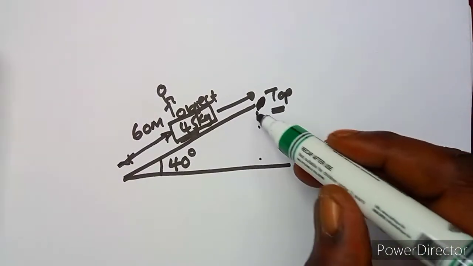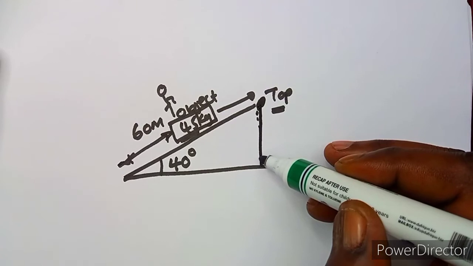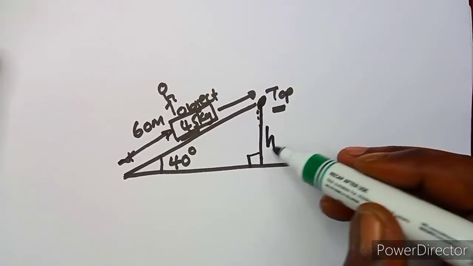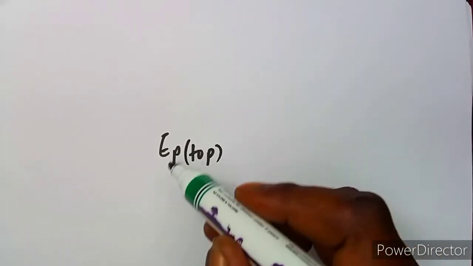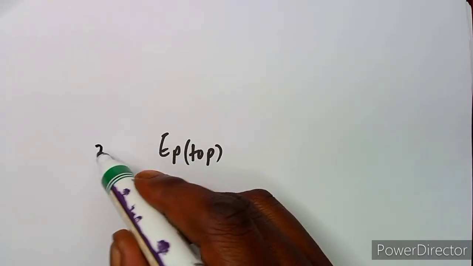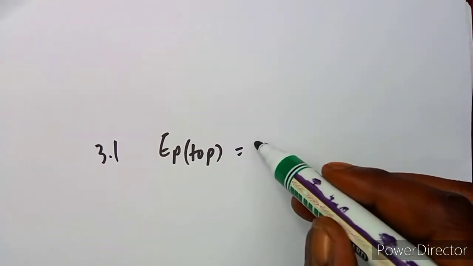You know that we are going to have a height in between like this, and the potential energy at the top, in this case 3.1, is going to be mgh.